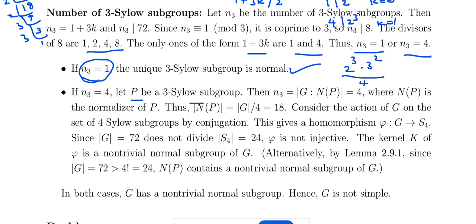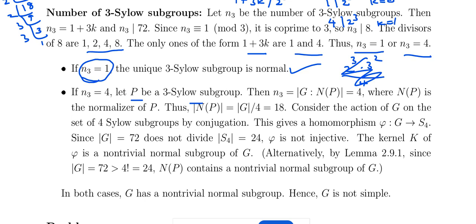So G over N of P is 4. N of P is the normalizer of P. So order of N of P is order of G by 4.